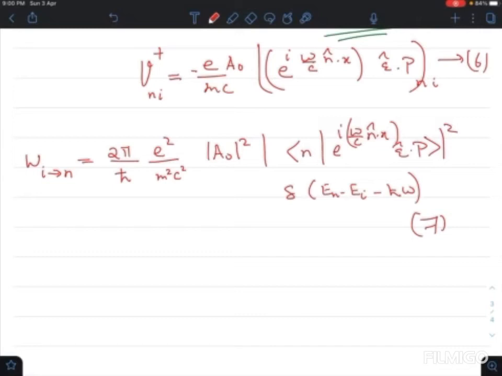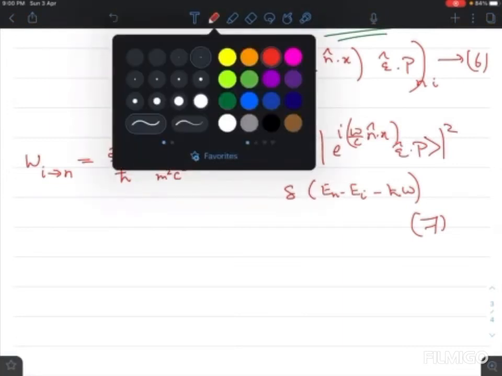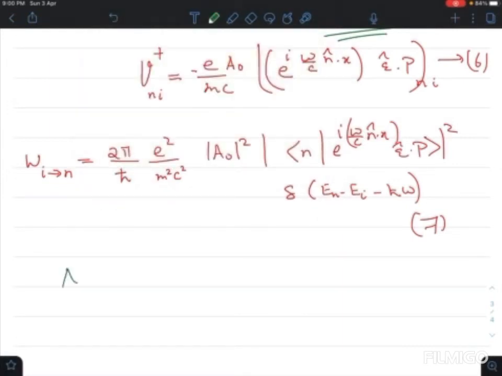Now getting back, we want to find the absorption cross-section area. Okay. Absorption cross-section.